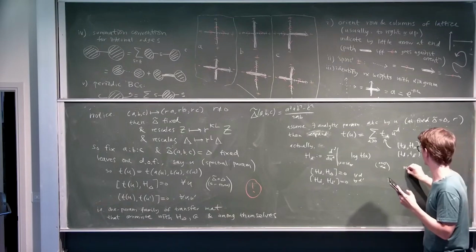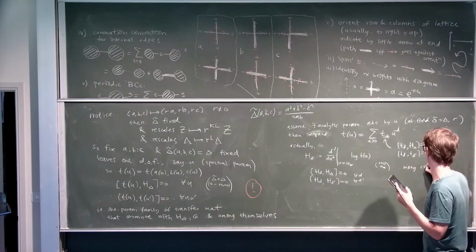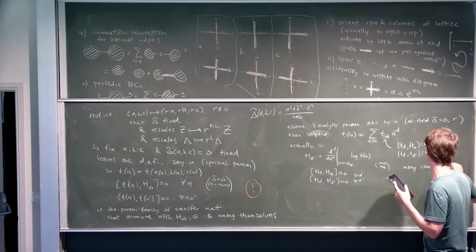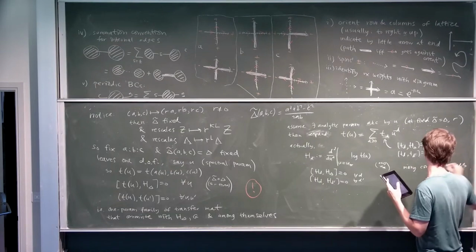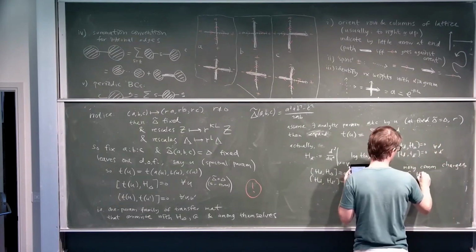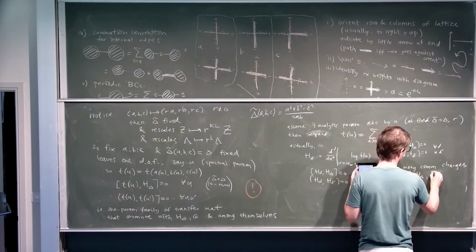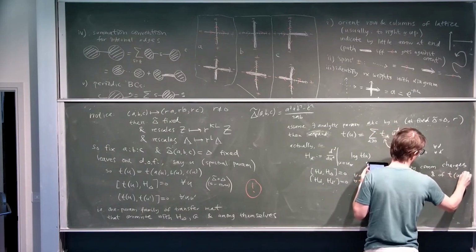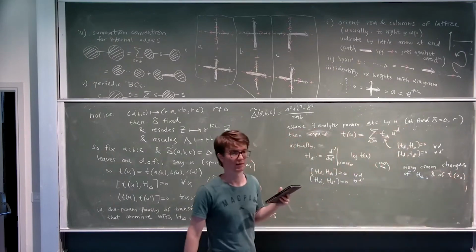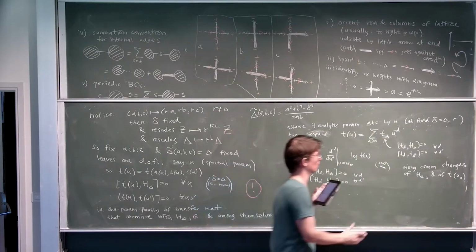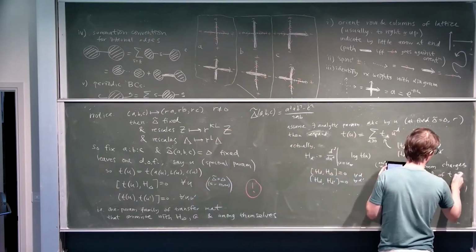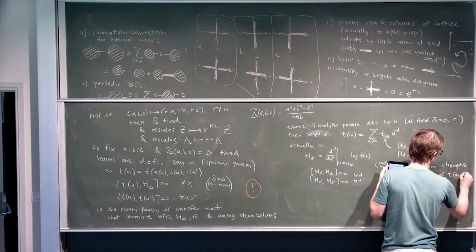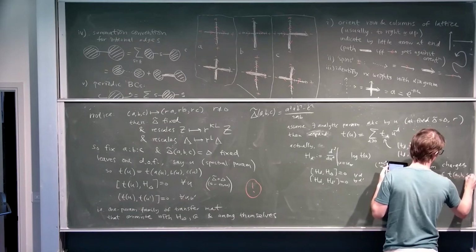So in other words, we found many commuting charges of H delta and also of some transfer matrix with some fixed value of the parameter. Or maybe rather I should say some transfer matrix with fixed weights A0, B0, C0.